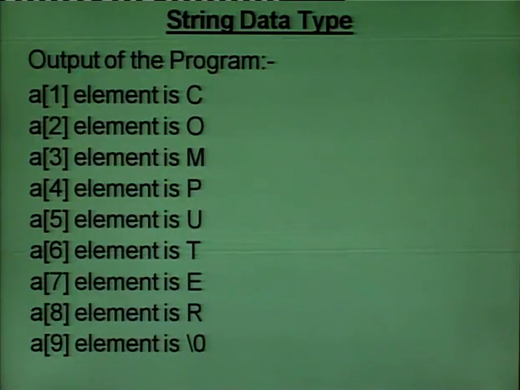These 8 elements are given by the programmer and user, but the last element is inserted by the compiler itself. It just shows the end of the string. Without this we are not able to handle the string data type in the array form.